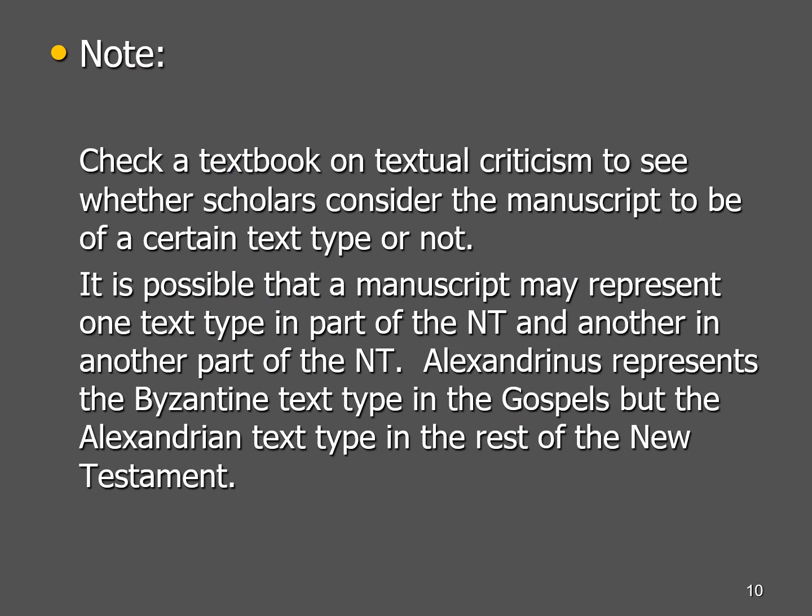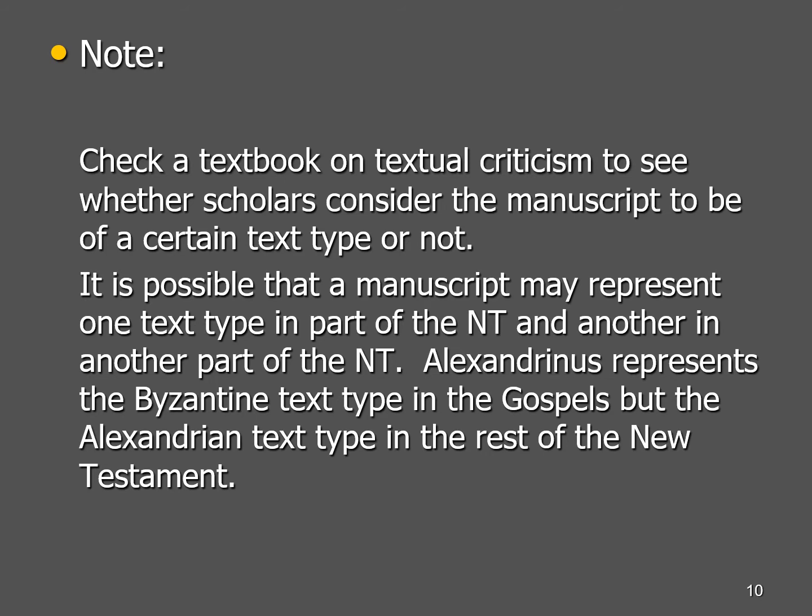Now note, check a textbook on textual criticism like Metzger and Ehrman's The Text of the New Testament to see whether scholars consider the manuscript to be a certain text type or not.